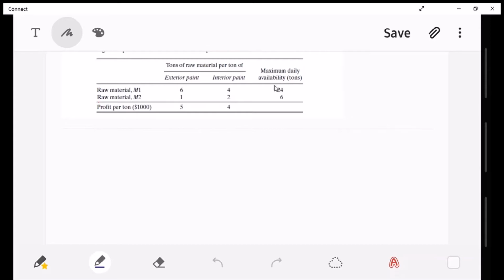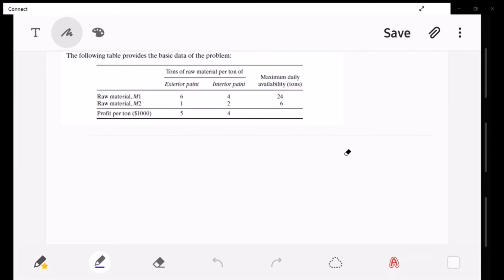Similarly, these are the maximum availability. That is, per day M1 can be used at maximum 24 tons and M2 at max 26 tons. Apart from these, we have two more conditions.